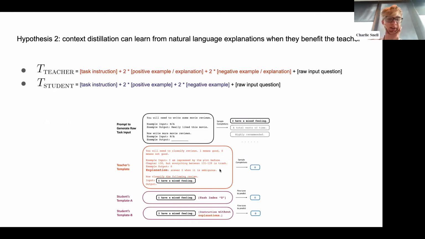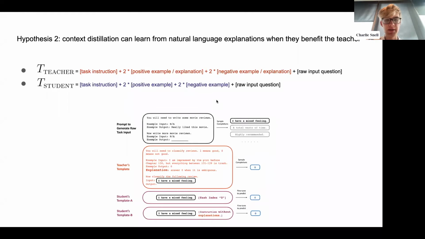This is one thing that context distillation brings to the table: you can learn from this information if the teacher is able to respond to the natural language explanation. To ablate this effect, we have a teacher prompt which contains the task instruction, 2 positive and 2 negative examples, with all examples having an explanation of the answer. And then the student prompt has just the positive and negative examples, no explanation.